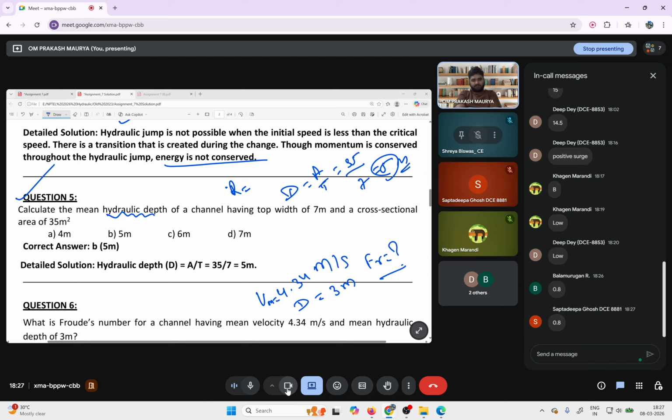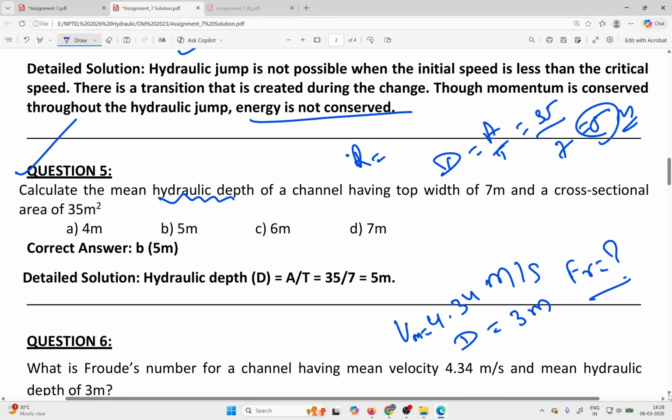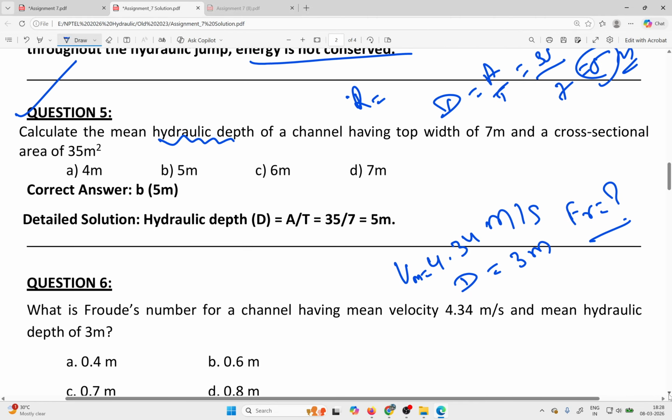Okay, 0.8, Ghost is telling. Okay, fine. Let me show you the answer, and I'll also tell you how we will calculate.